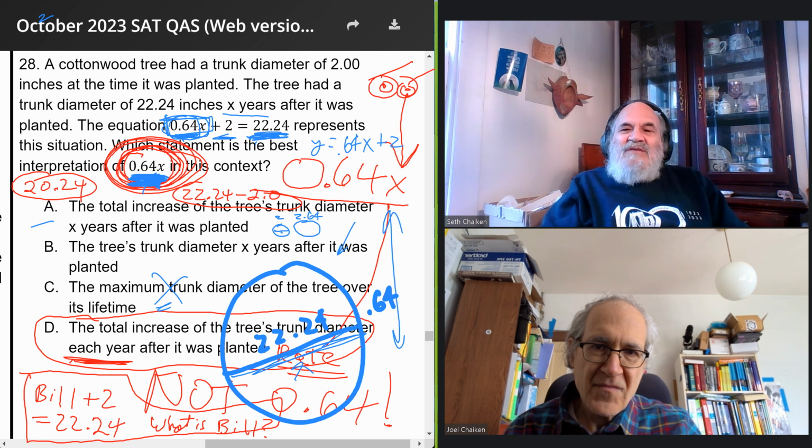So they're roughly the same. Each ring is roughly the same thickness.